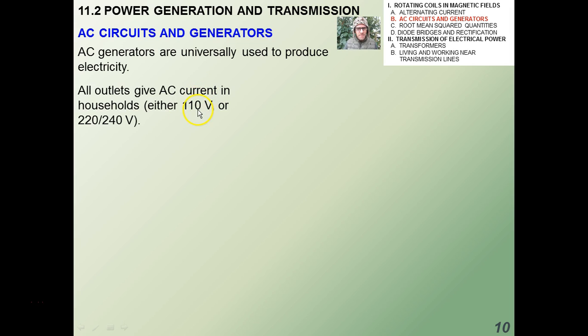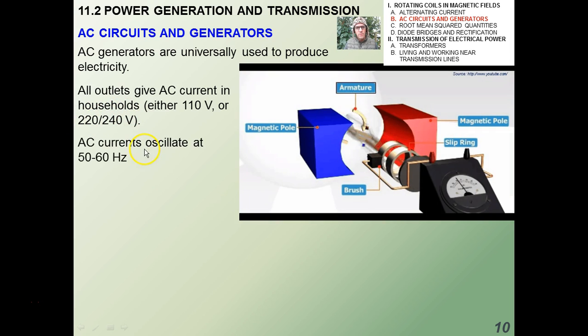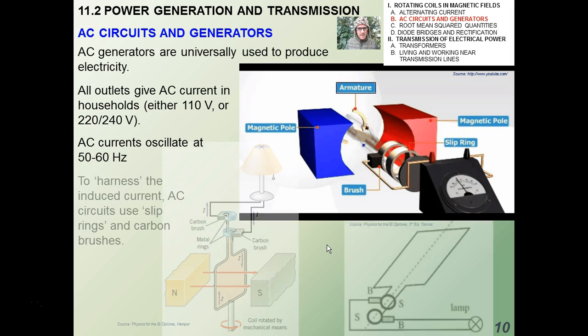If you live in America, you're going to be dealing with 110 volts. If you live in many other countries, it's going to be 220 or 240. And remember, the frequency of oscillation depends on how many times that coil is actually rotating per second in that field.